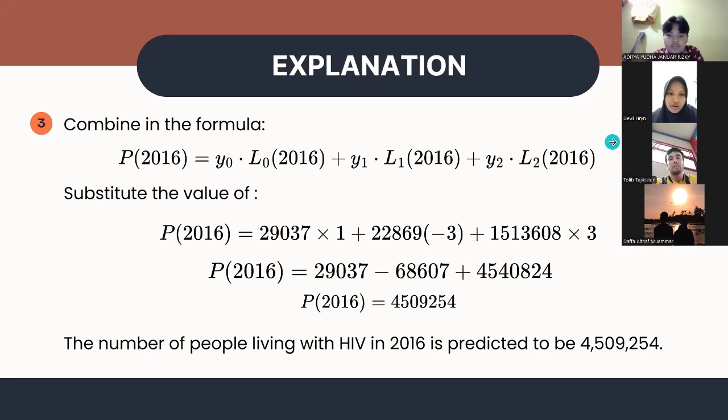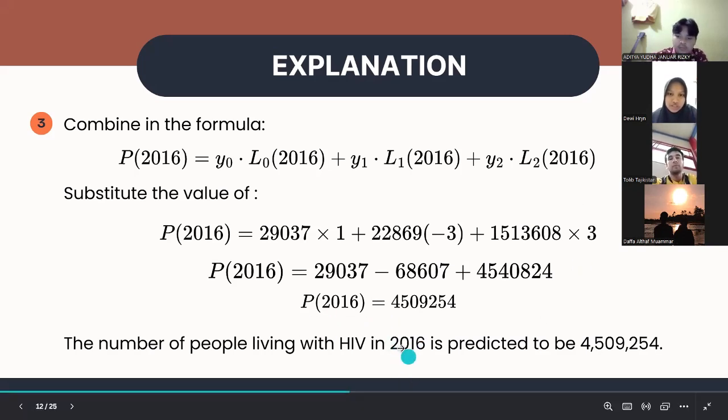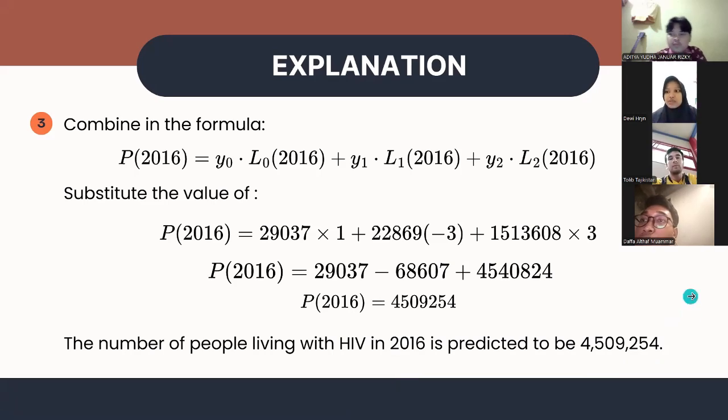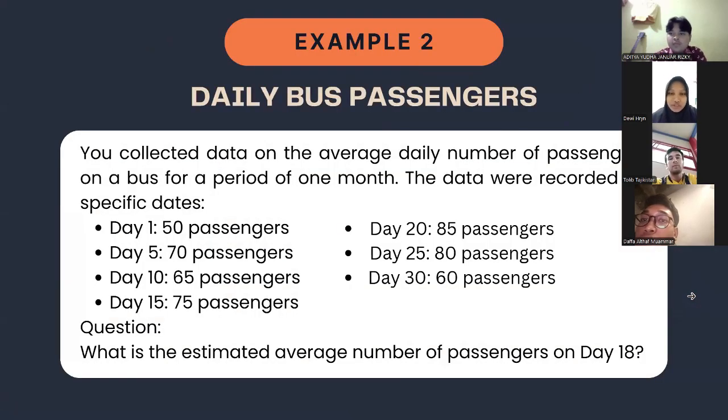So the number of people living with HIV in 2016 is predicted to be 4,509,254. And the next explanation will be explained by Tolib.